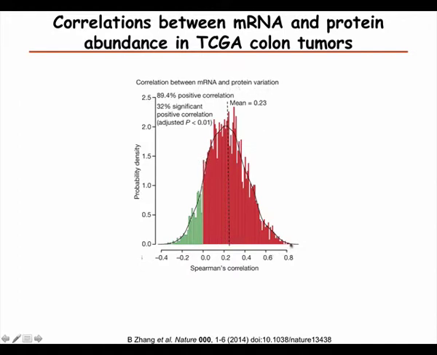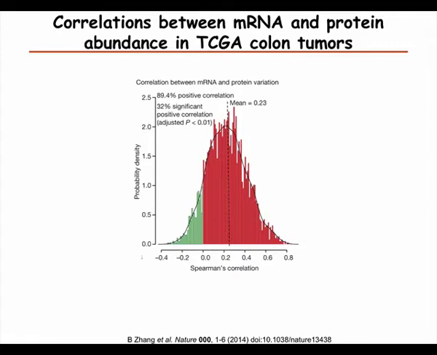And it's usually a positive correlation, but the mean of the distribution is only 0.23. And this is very common, that one sees quite limited correlation between protein concentration and gene expression in a lot of different sample types.